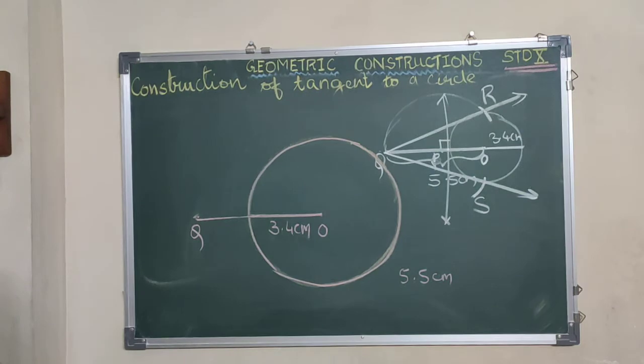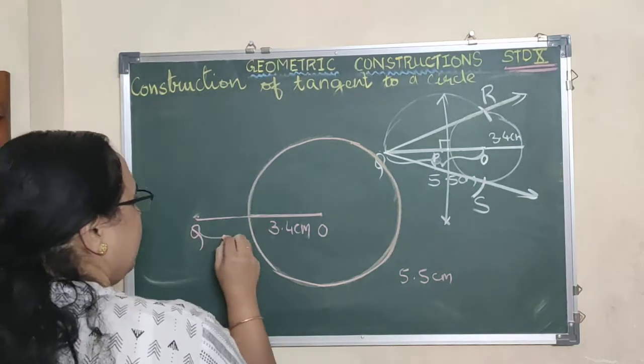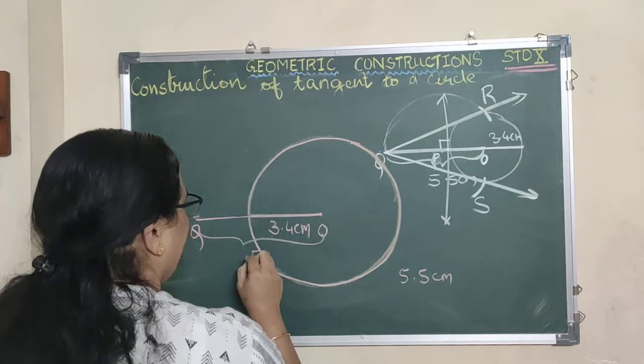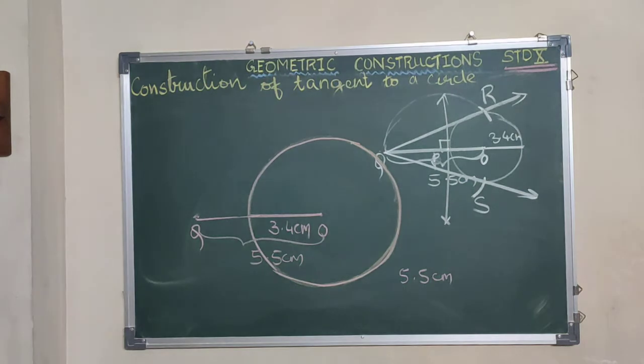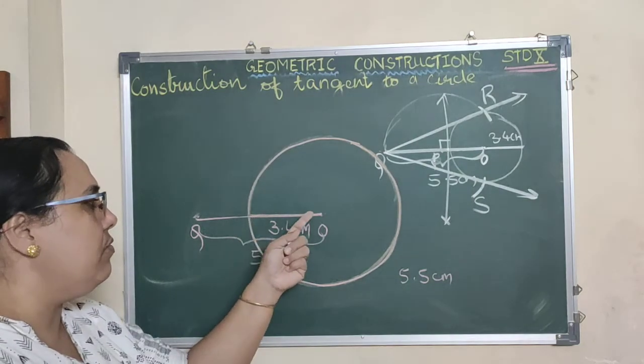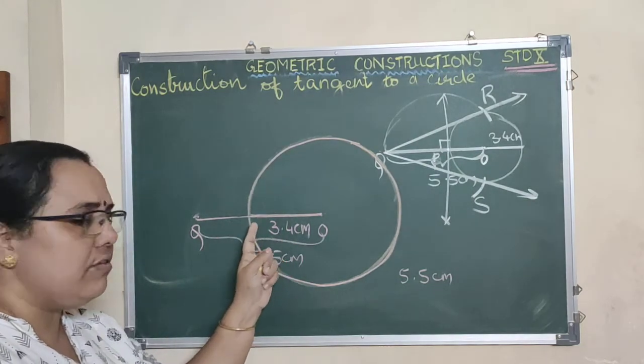After getting point Q, now we will draw the perpendicular bisector. Now this whole thing is 5.5. What is half of 5.5? Roughly, if I take 5.4, the half will be 2.7. So it will come somewhere inside the circle.